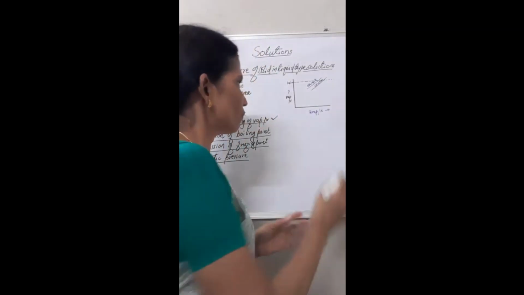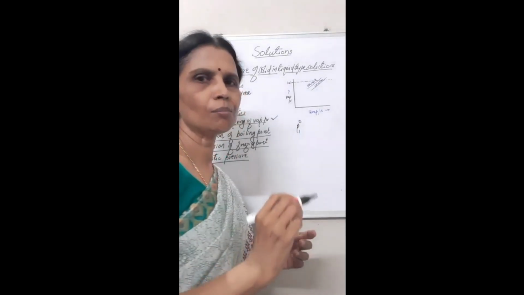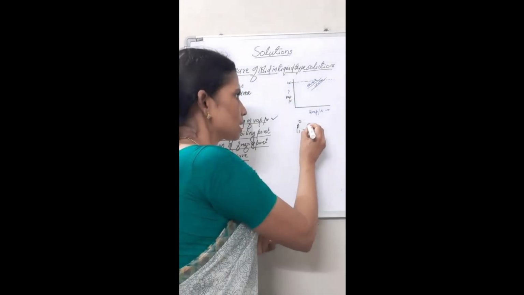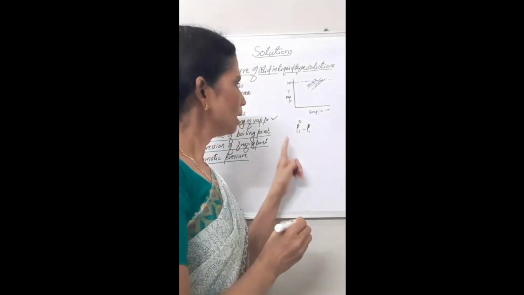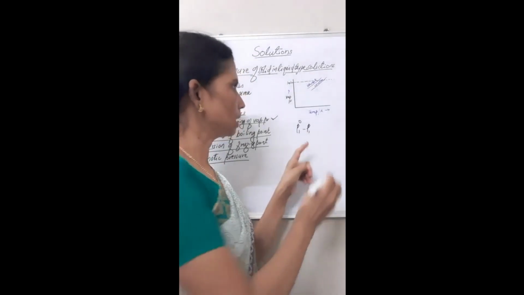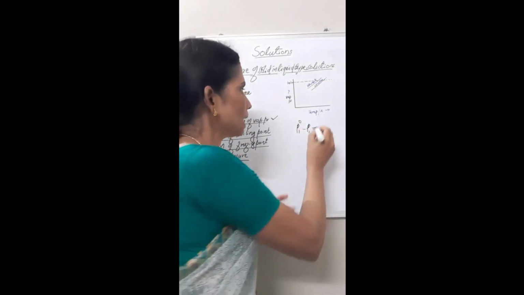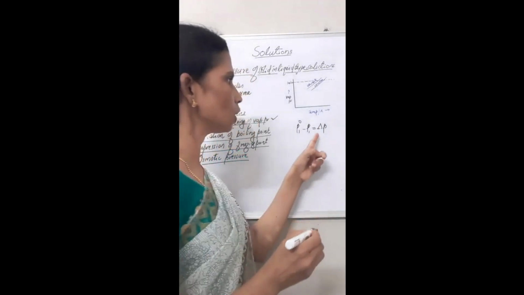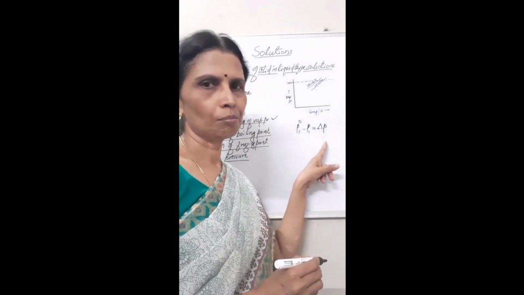That is, if P1° is the vapor pressure of the pure solvent and P1 is its partial vapor pressure in the solution, P1° minus P1 is called lowering of vapor pressure, and that is equal to ΔP. So ΔP is the lowering of vapor pressure, which is P1° minus P1.